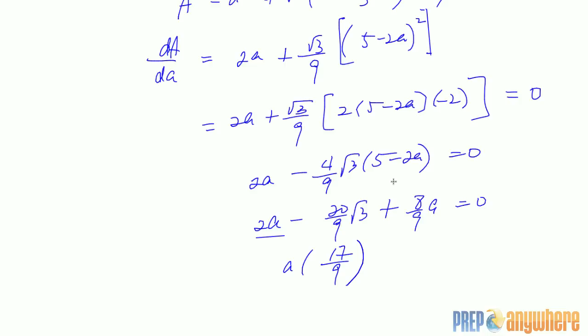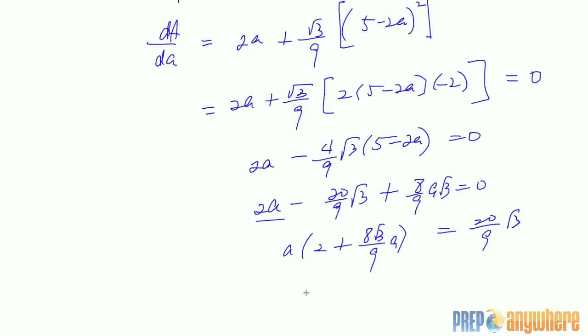Oh, I forgot to multiply by root 3 here. So that changes things. If you factor out a, you get 2 plus 8 root 3 over 9 times a. On the other side, it's going to be 20 over 9 root 3. Let's multiply both sides by 9, and you get 18 plus 8 root 3.